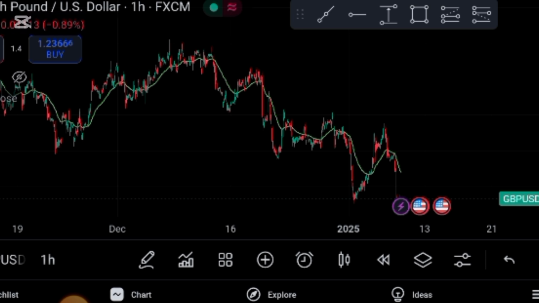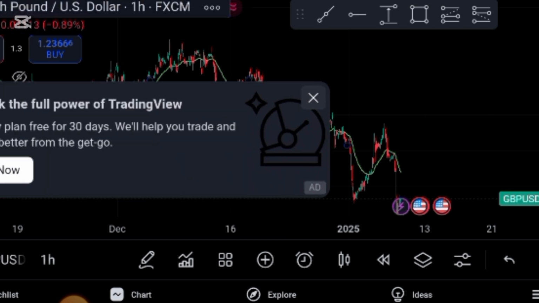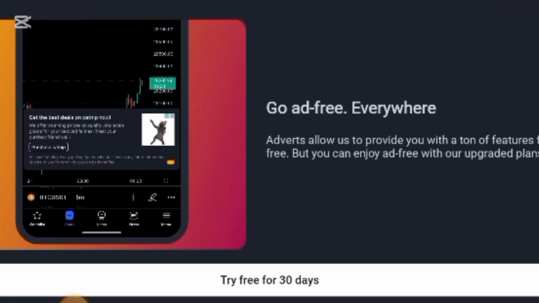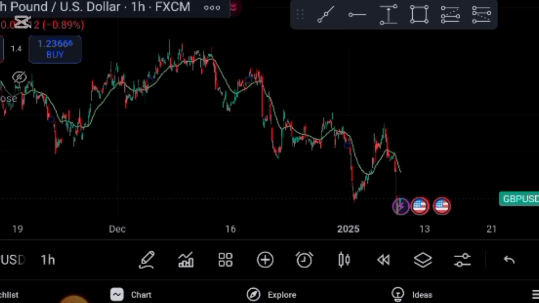In this channel, we tend to focus more on GBP USD because GBP USD offers the best movements. But you can choose any pair to trade with. That is not a problem. But for this one, we are going to be using GBP USD.